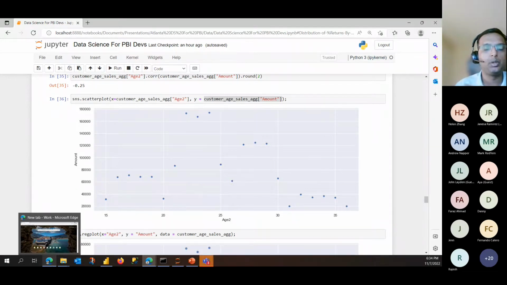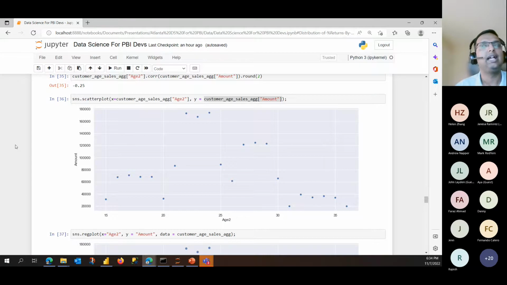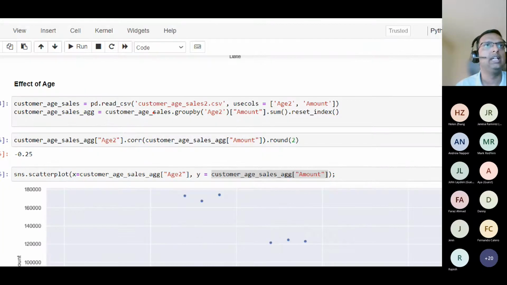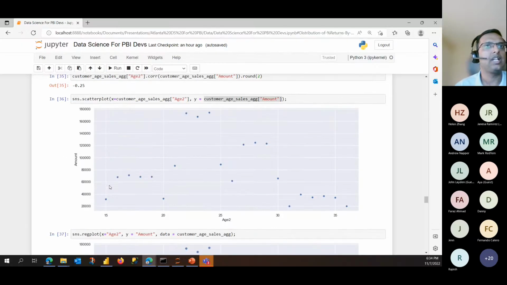What we want to understand is whether there is any relationship between the amount that a customer spends and their age. So what I did in this case is a group by on the age by the amount, took the sum of that, and then created a scatter plot.